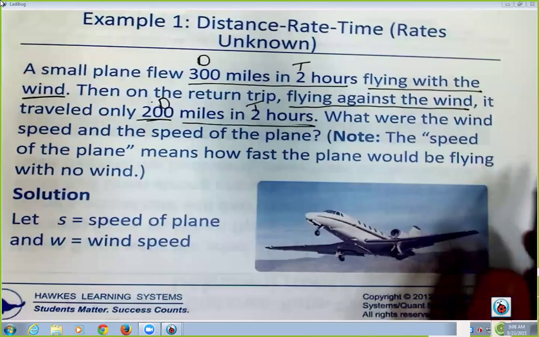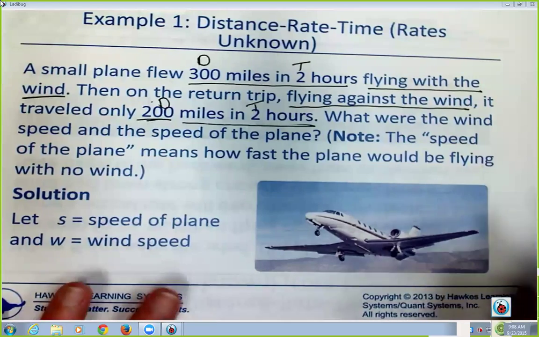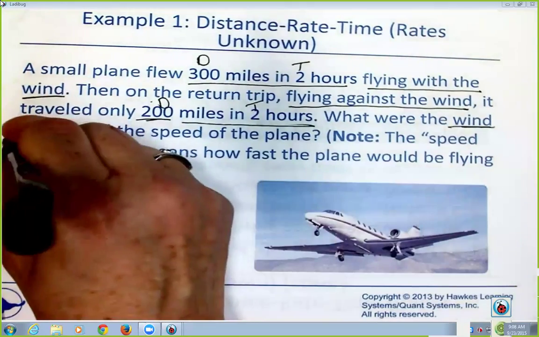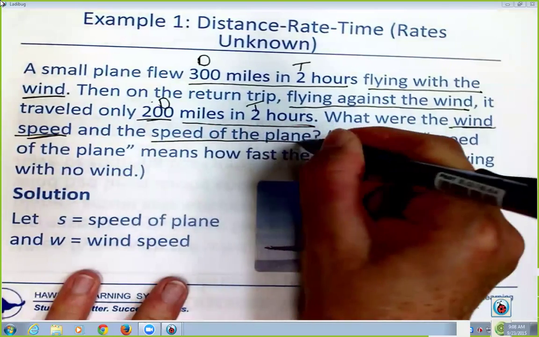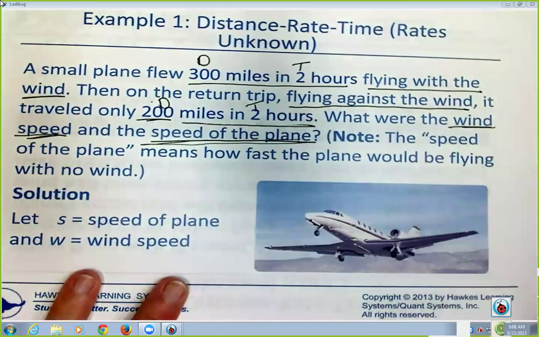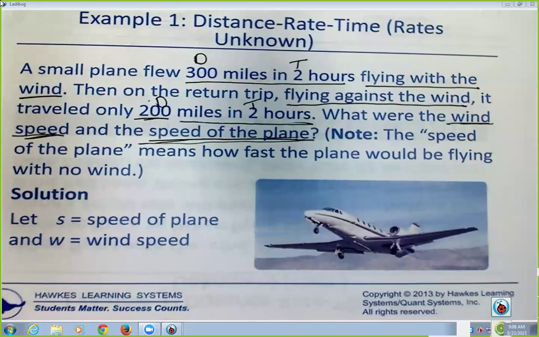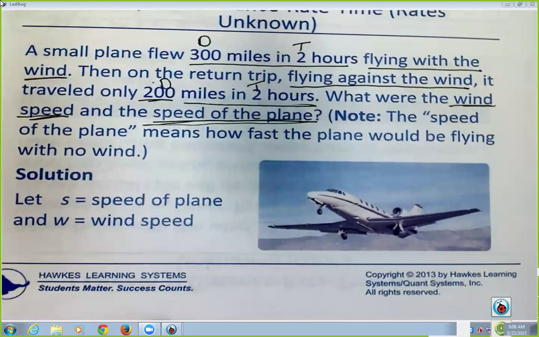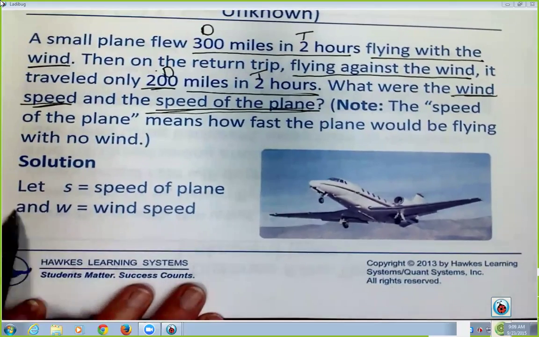It says, what were the wind speed and the speed of the plane? So we have wind speed and we have the speed of the plane. Do I know either of those? Do I know the wind speed? No. Do I know the plane speed? No. So those become our variables.